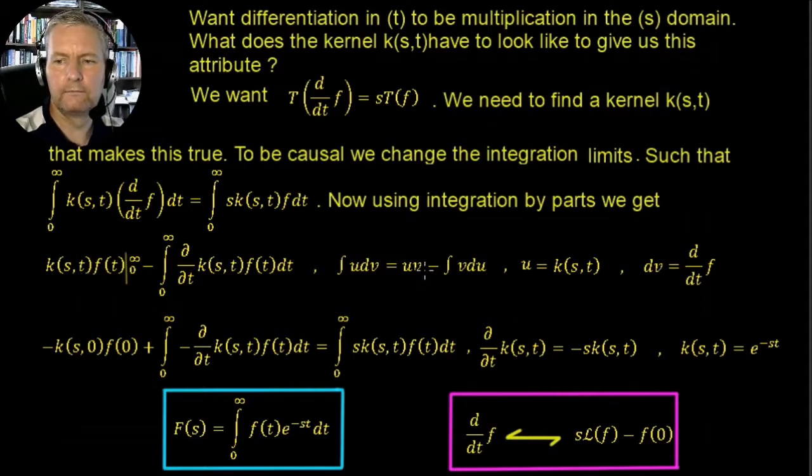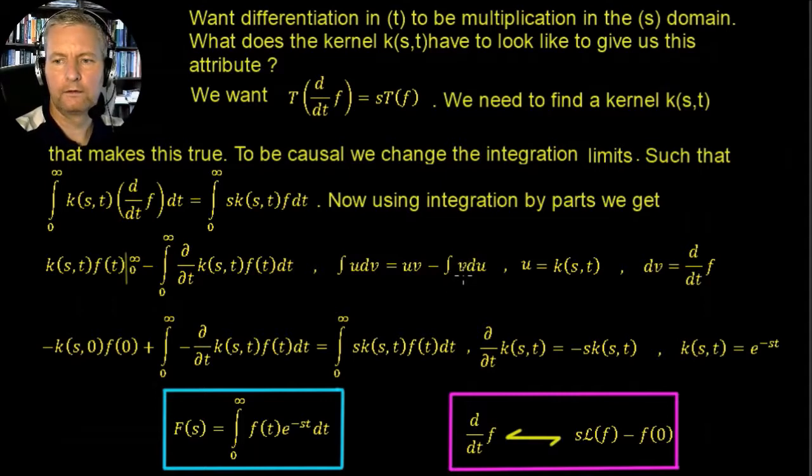Now this here is our dv, so in order to get back to v, we would have to integrate this side, and that would just give us back our f of t. So we'll simply have here our k of st times f of t, from 0 to infinity. Now the second part is minus the integral of v du.